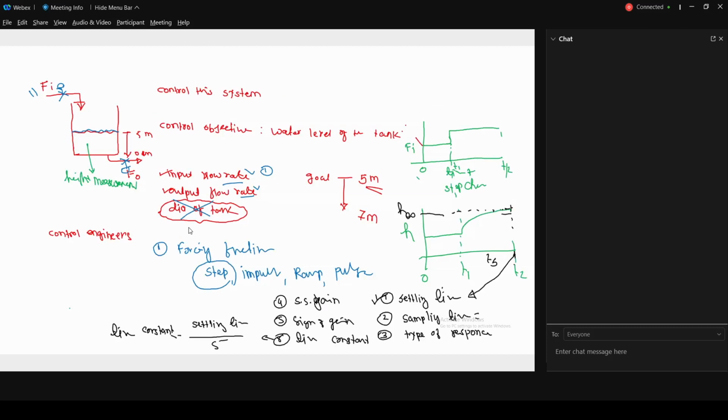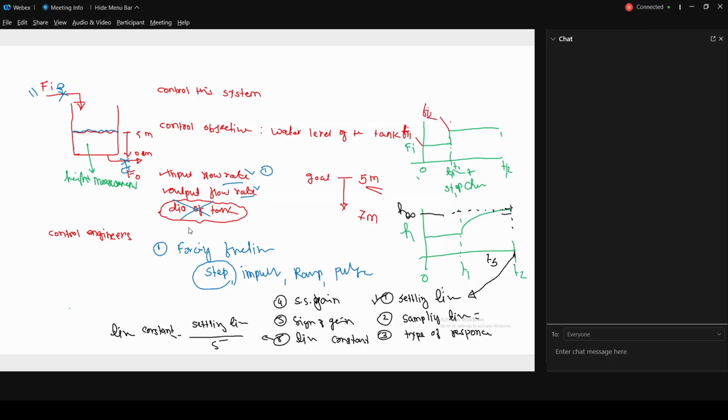Before changing the flow rate, my flow rate was Fi1. Now once I change it in a step fashion, it goes to Fi2.